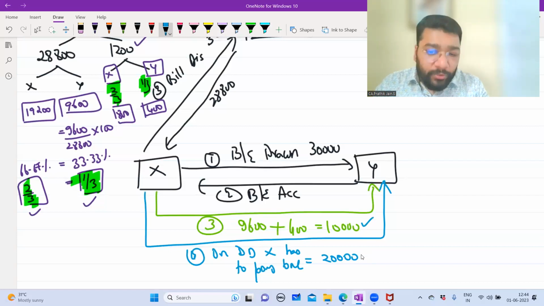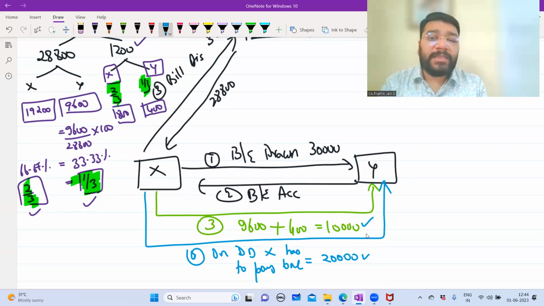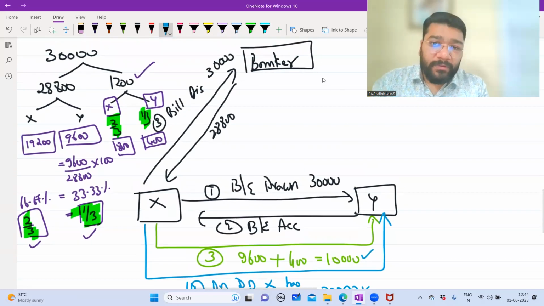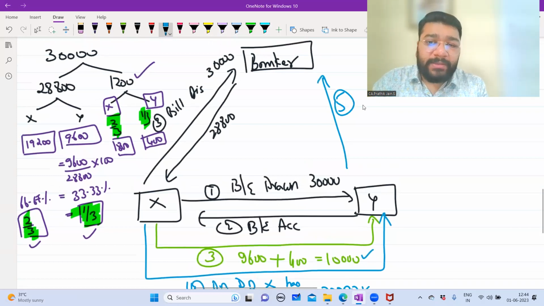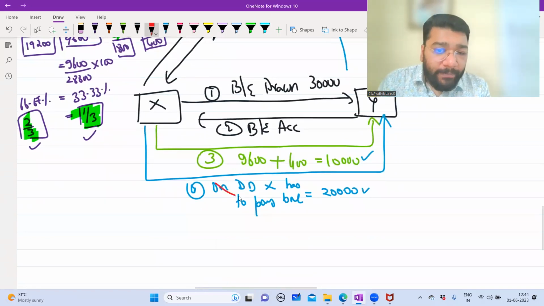Now, in future, on the due date, X is supposed to pay 20,000 to Y. So totally Y will have how much? Y will have 30,000 rupees. So he'll make this payment to whom? On the due date, fifth transaction, pay to bank. Game over. But the problem is, this did not happen.